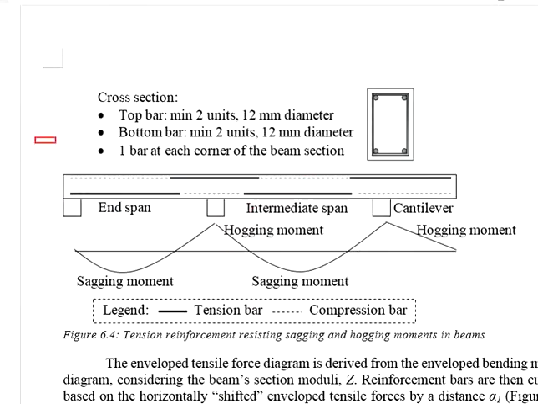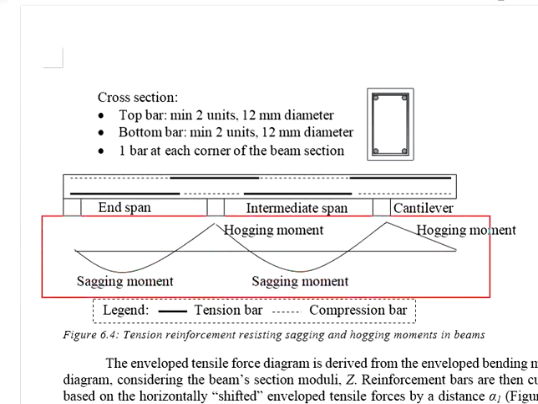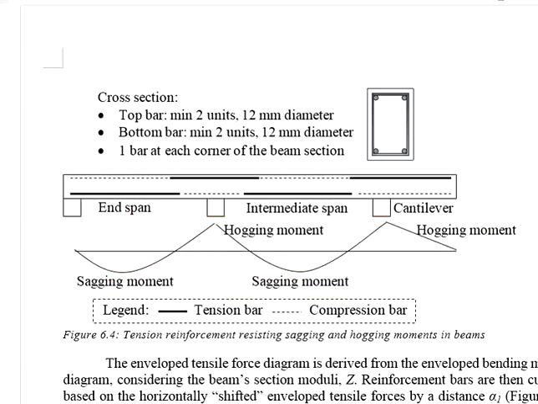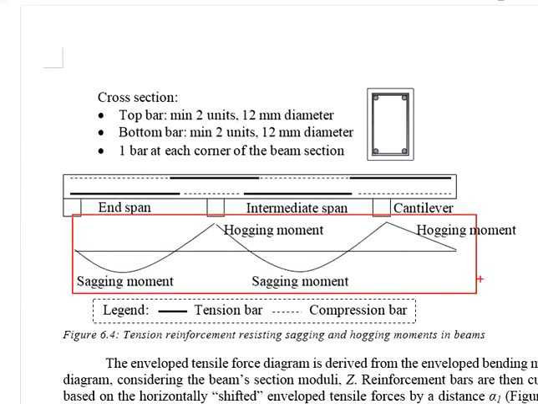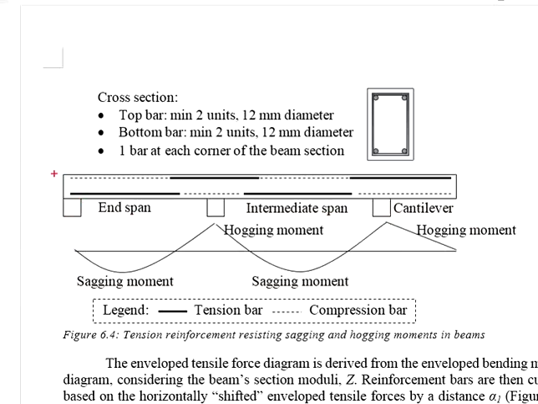Now, in the design of a reinforced concrete beam, normally you will analyze the bending moment diagram. Based on the bending moment diagram, you will determine where you're going to put your tension reinforcement. And when you design the tension reinforcement, you are designing the tensile resistance against the maximum moment, normally at the midspan and also at the support.